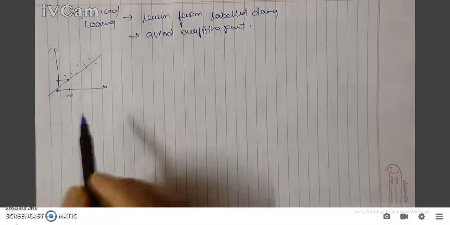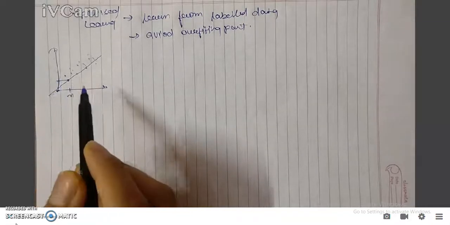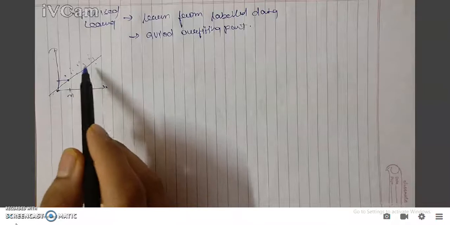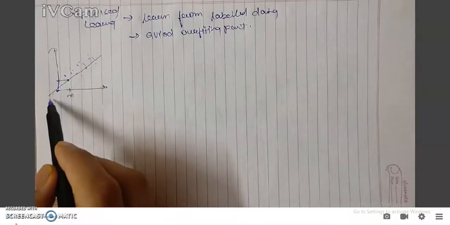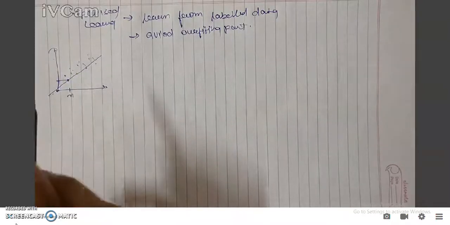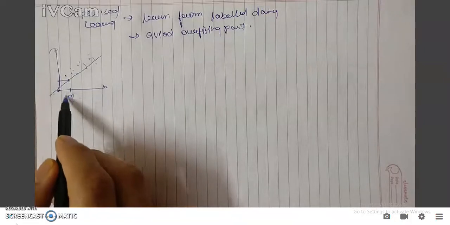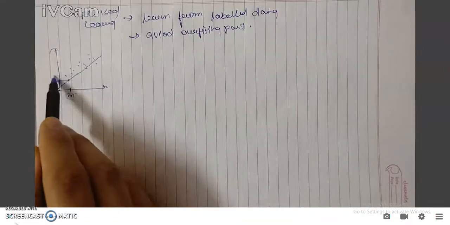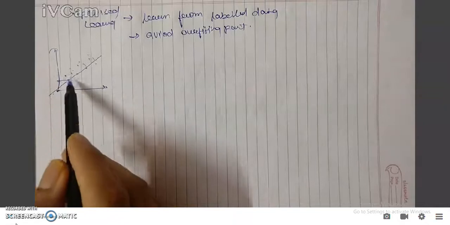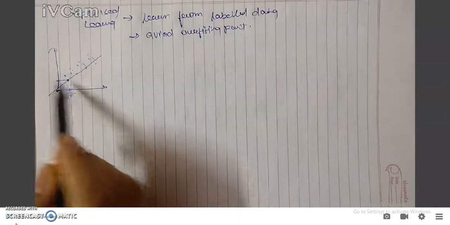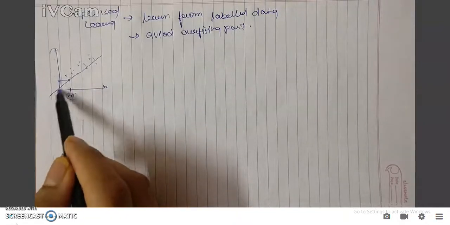Suppose let's take an example of this linear regression model, right? We have data scattered across the xy plane and we draw a best fit line for that. What does this data represent? Given the x value, we are able to match the y value, right? By seeing these x and y values, we are able to draw the best fit line.